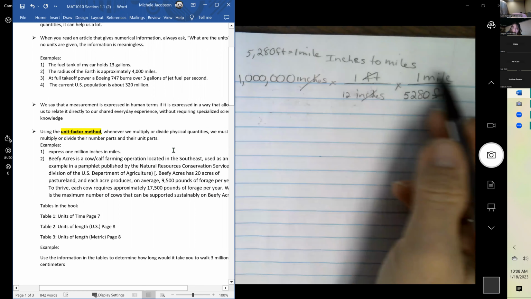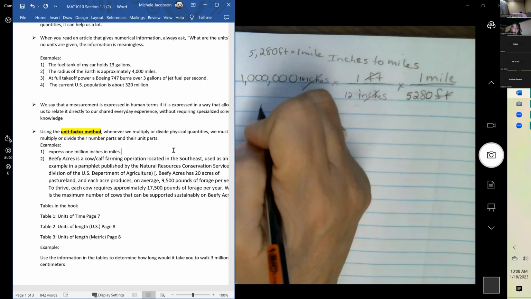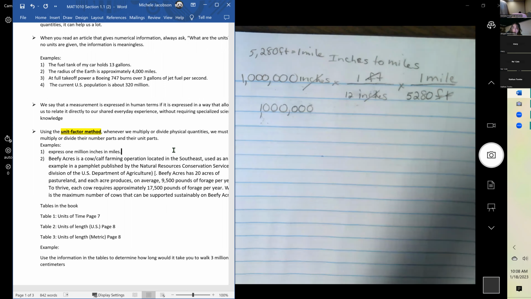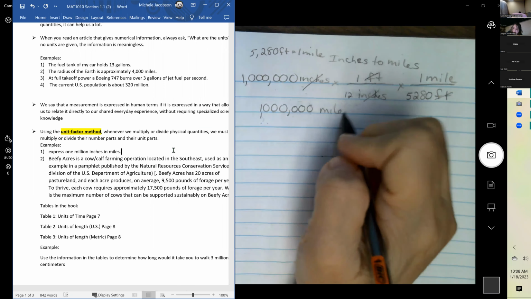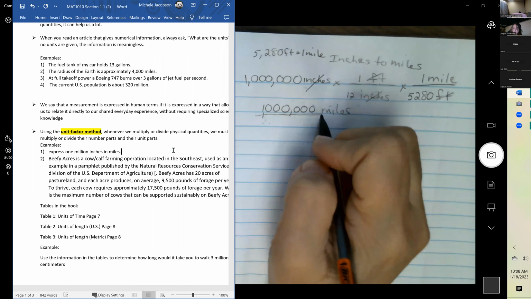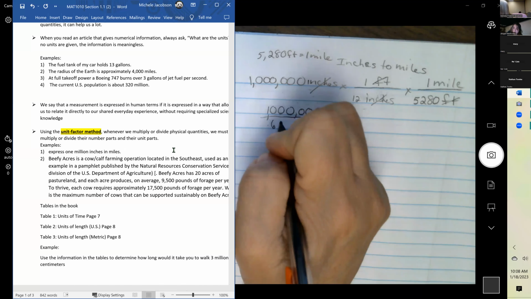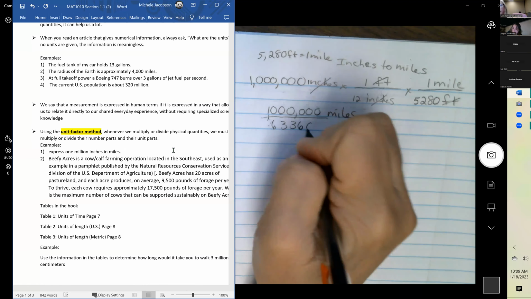Now you could multiply straight across first, and multiply across the bottom, and then divide them.